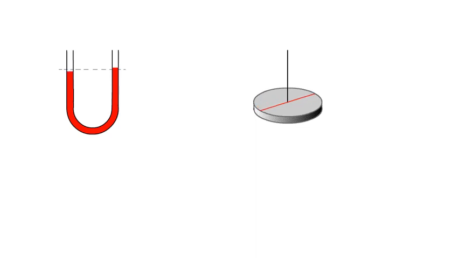If it's another SHM like that, you'll be given all of the information that you need. For all of these SHMs, it's T equals 2 pi root something over something. It's what those somethings are that you'll be told.